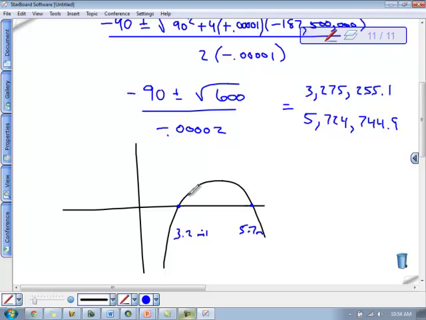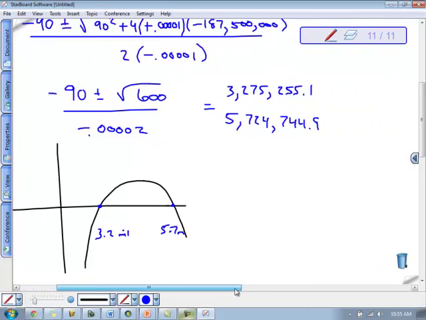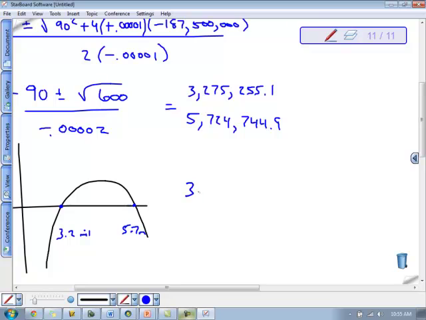If we produce more than 3.2 million calculators but less than 5.7 million calculators, we'll meet our profit of 190 million. We'll meet that quota, that profit that we wanted to reach. So that's what we would say here. We would need to make calculators between 3,275,255. I'll round up because we can't make 0.1 calculators. I'll round it to 6.